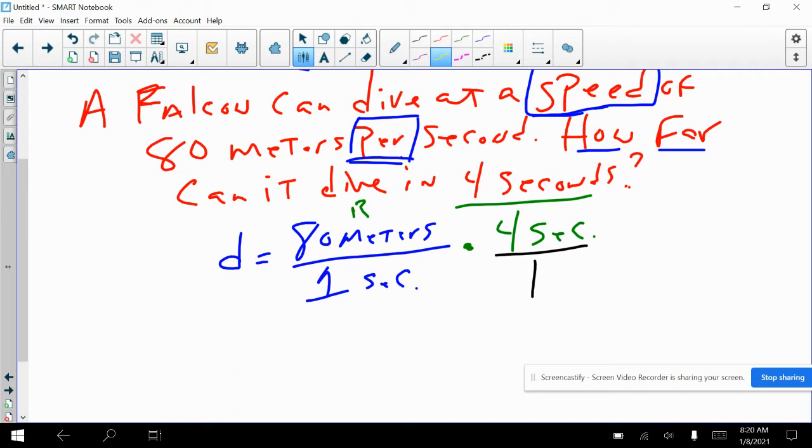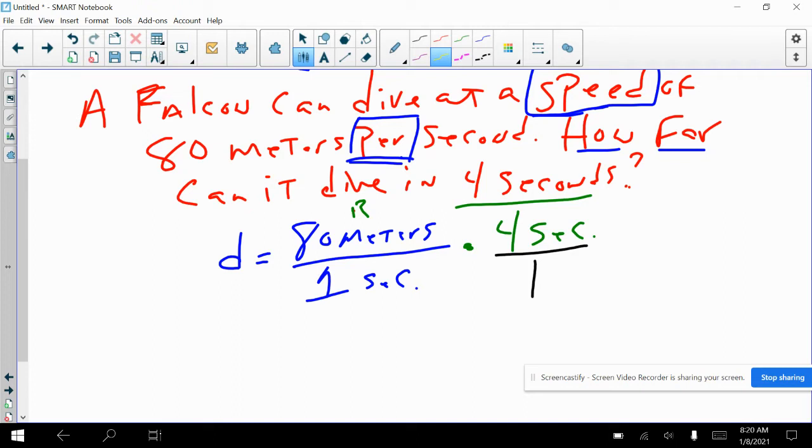Because mathematically, you just can't say, it doesn't have anything to do with seconds, so I'm not going to use it. You can't do that. That's part of the problem. What you do here, and this is going to be important later on, is you need to get your labels diagonal from each other. It's almost like cross-reducing.